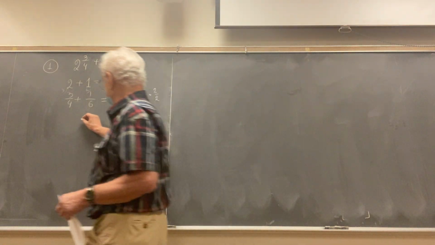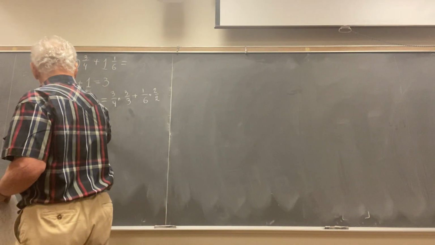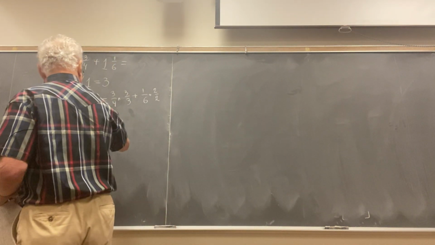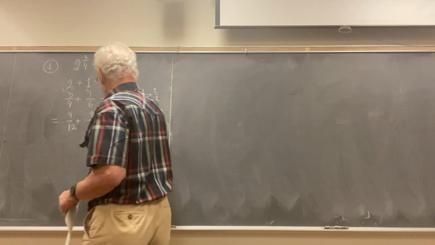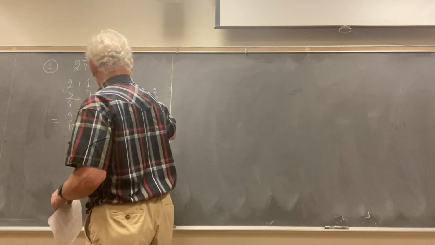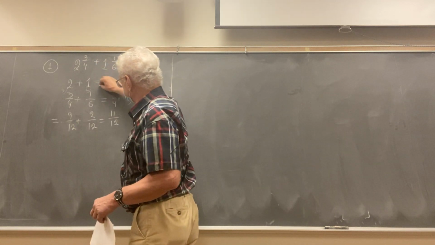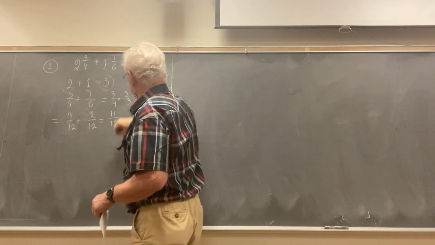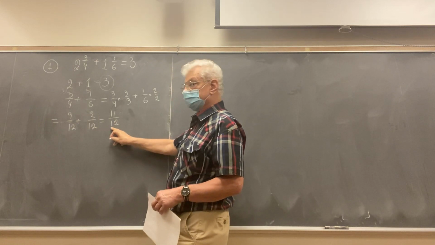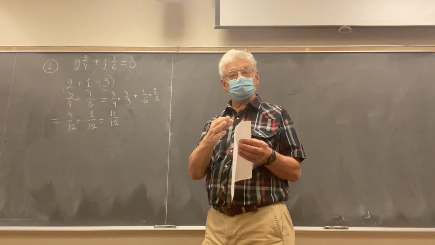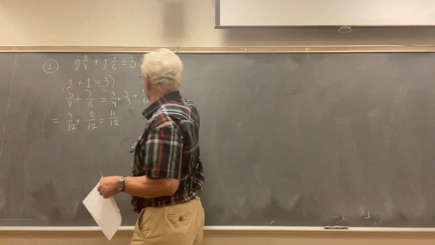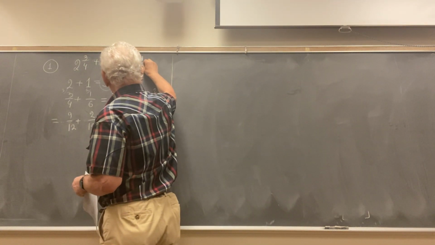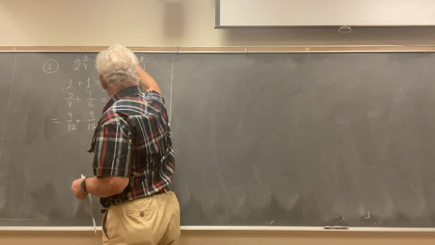But now I have 9/12 plus 2/12. And the answer is 11/12. So therefore I have integer part 3, and then plus 11/12. When I add these two numbers, I will get mixed fraction. So the answer is 3 11 over 12, and I circle it.